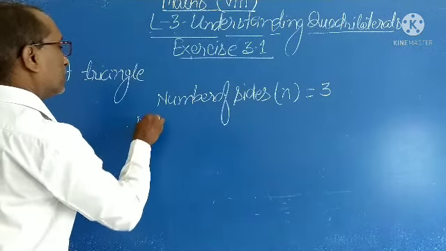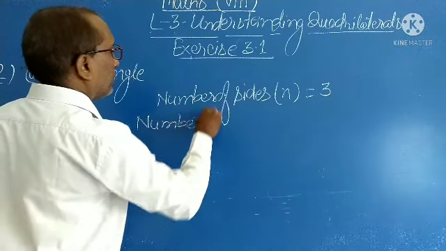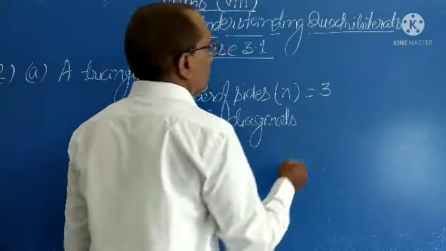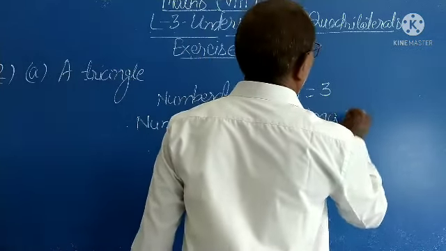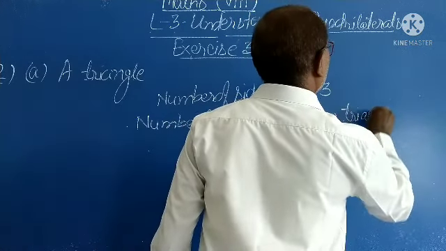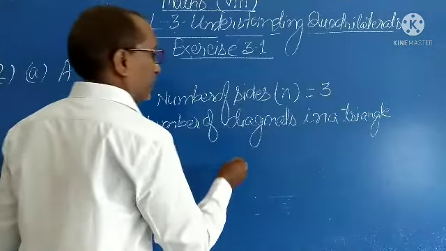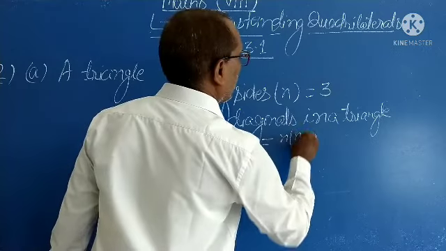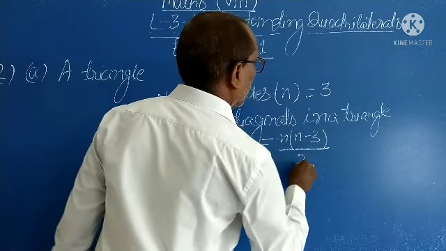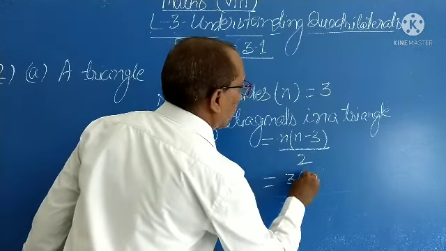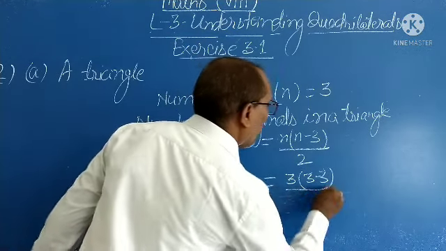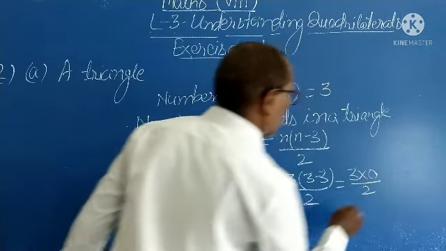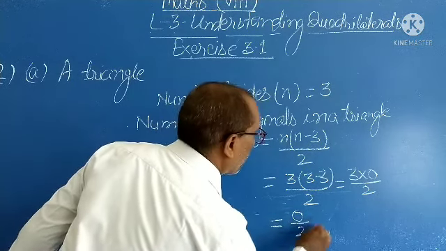Number of diagonals in a triangle is equal to n into (n minus 3) upon 2. 3 into (3 minus 3) upon 2 means 3 into 0 upon 2, that is 0 upon 2, 0.